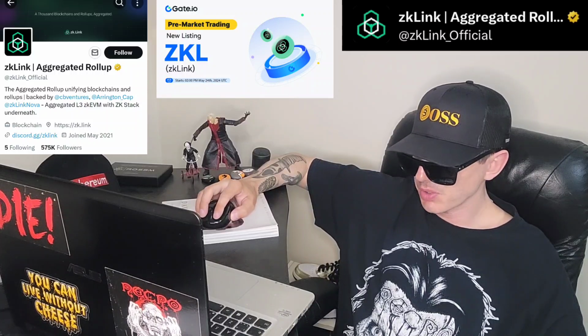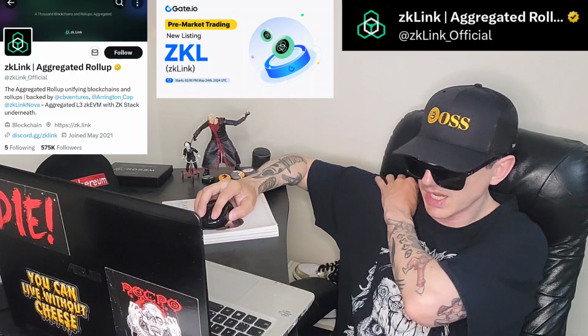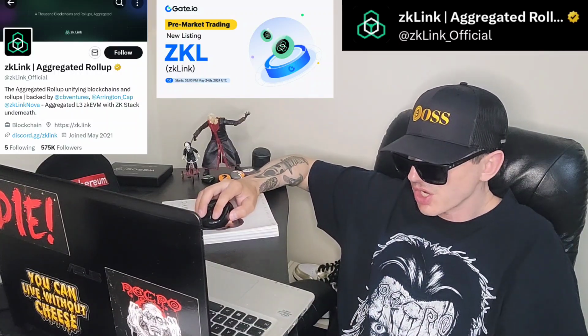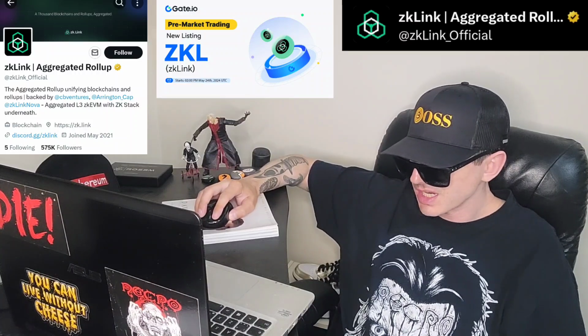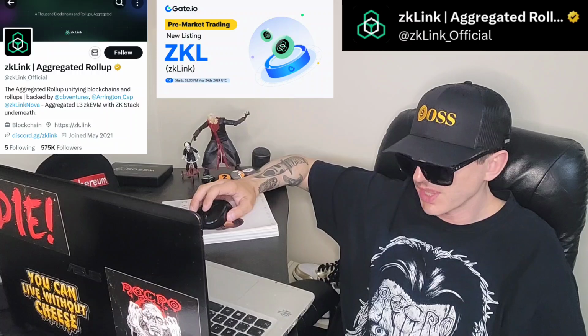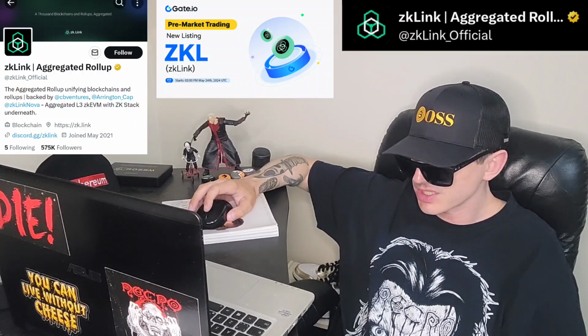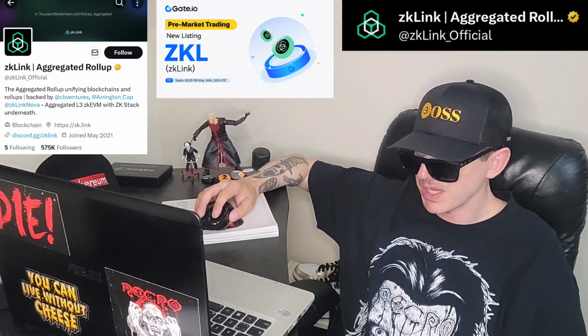The Zklink protocol is composed of 4 layers: the settlement layer, the execution layer, the sequencing layer, and the DA layer. These 4 layers are decoupled for customized roll-up deployment. The following sections of their white paper, which is 16 pages, introduce the protocol from the perspective of the 4 layers. So you can go over that yourself if you want to read more about the settlement layer, the execution layer, etc. They have a 16-page white paper.